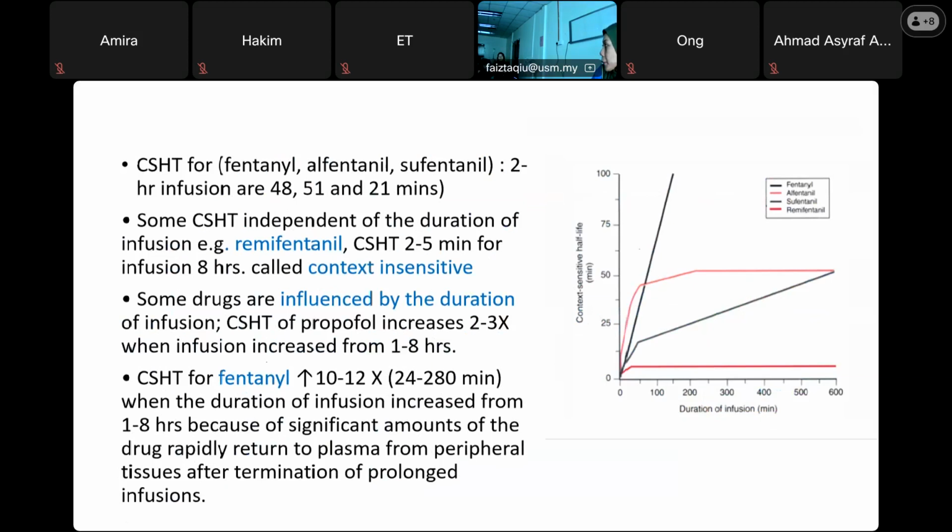Hepatic clearance usually means metabolism, but metabolism can be hepatic or non-hepatic. Some drugs can be sustained for a long time, meaning you can give them for a long time and the metabolism is not affected until some point. They have capacity for metabolism, but many drugs actually have limited capacity.